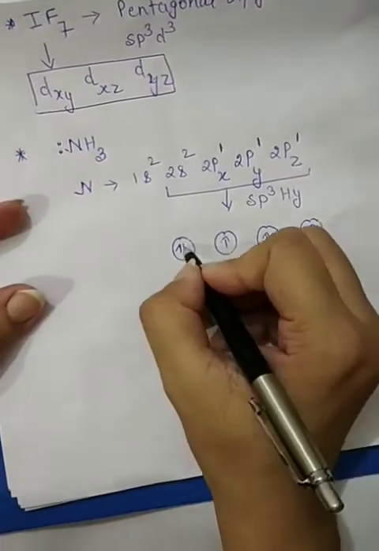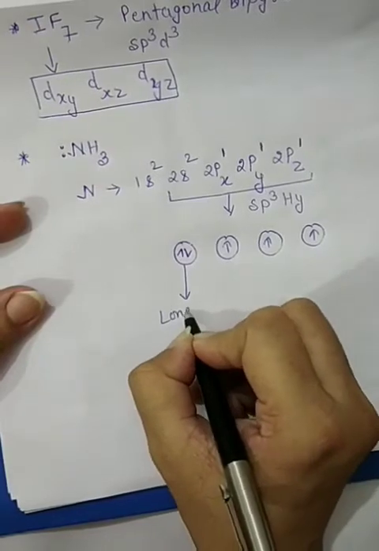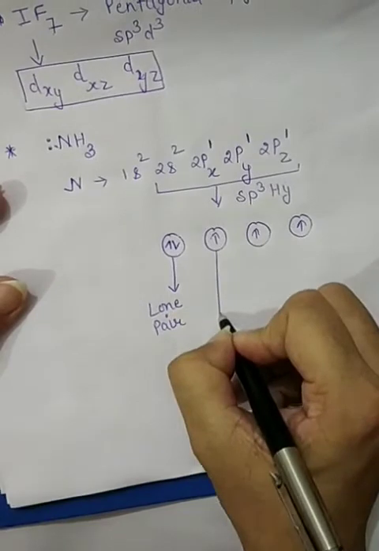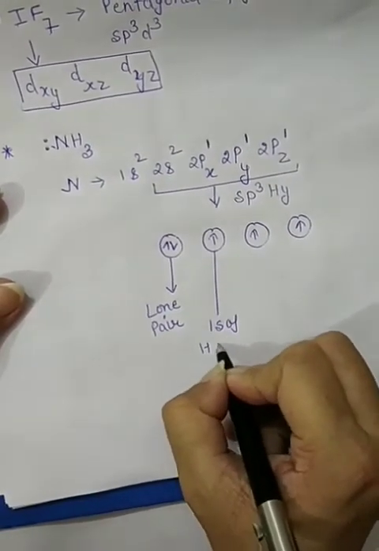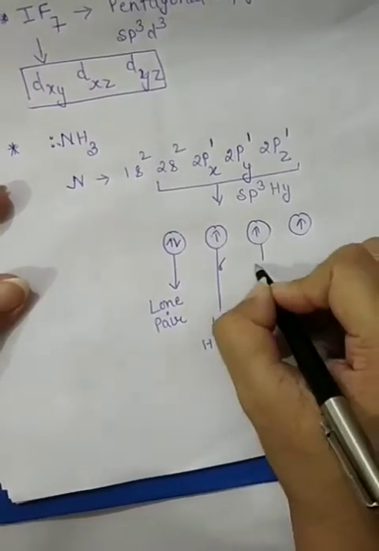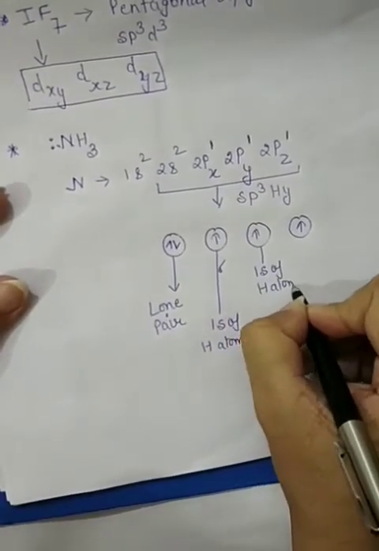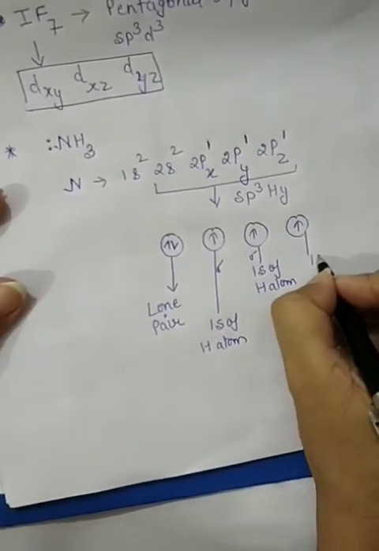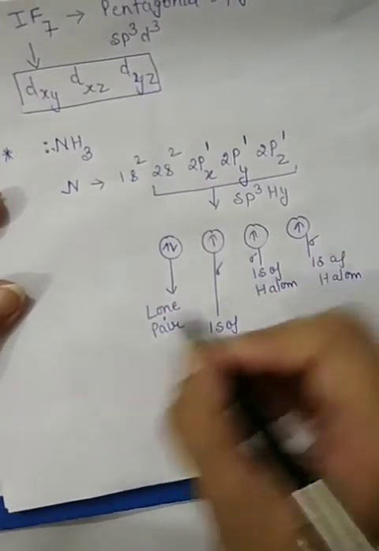Now this is the lone pair present on nitrogen, and these 3 overlap with 1s of a hydrogen atom to form a sigma bond. It also overlaps with 1s of a second hydrogen atom again to form a sigma bond, and it also overlaps with 1s of a hydrogen atom to form a sigma bond.